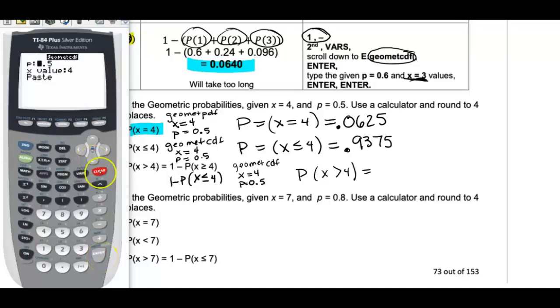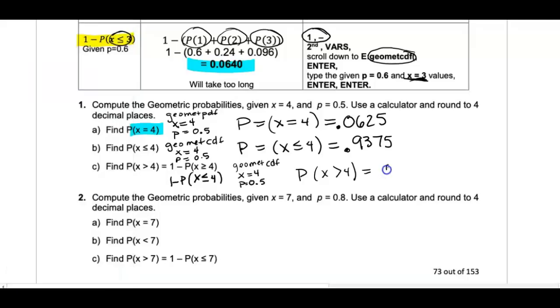And our values are 5/10. Our x value is 4. And we end up with 0.0625. You go ahead and try example 2.